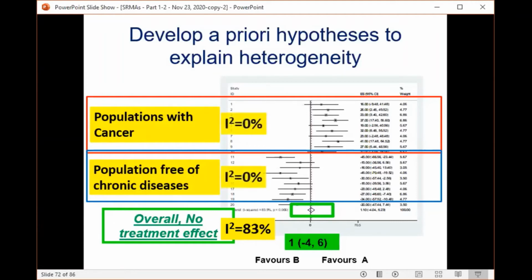And in the second set of studies, we had populations free of chronic disease. If, let's say, the test for the subgroup by population type was significant and the I-squared within each subgroup was 0%, we may conclude that the heterogeneity of the overall analysis may be explained by population.